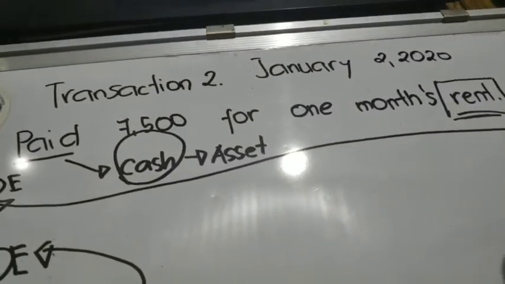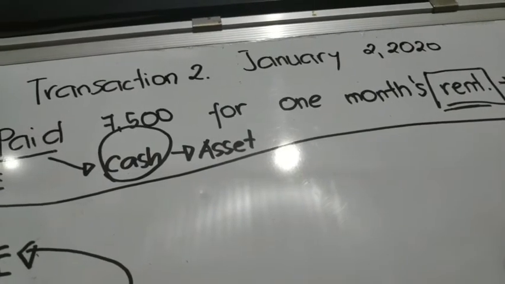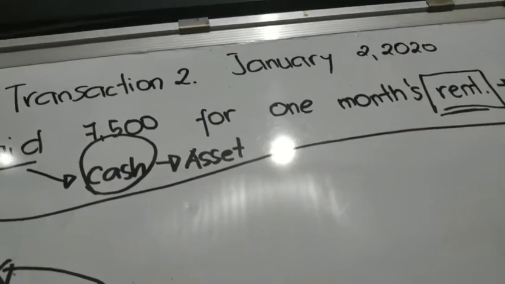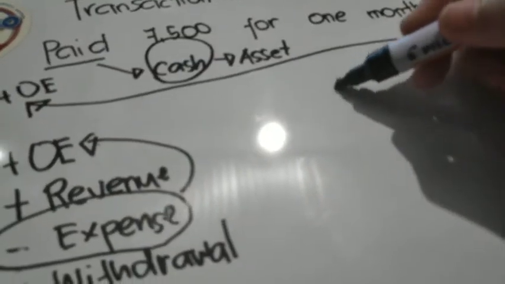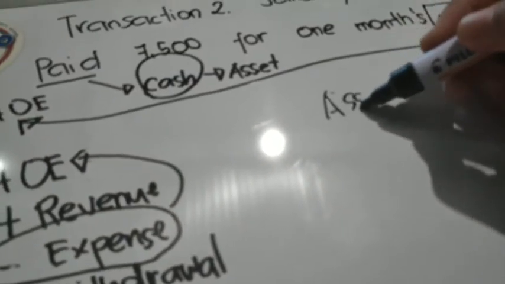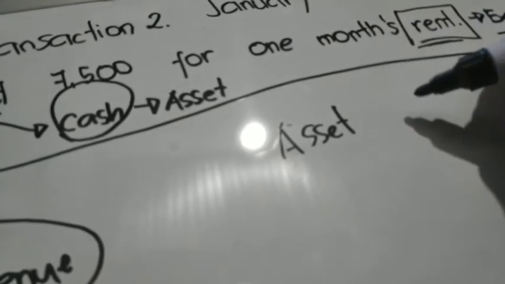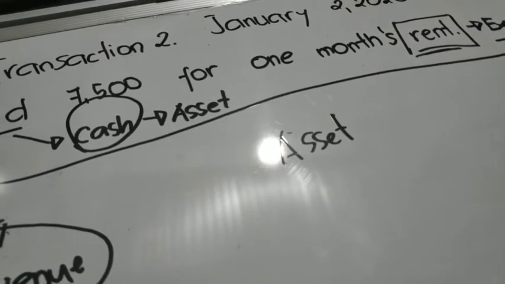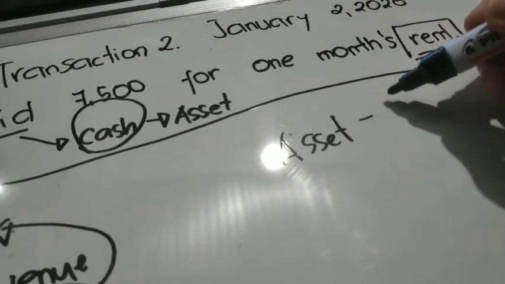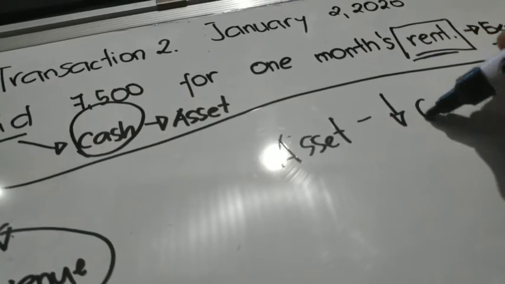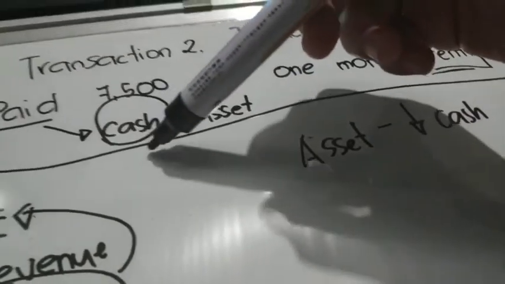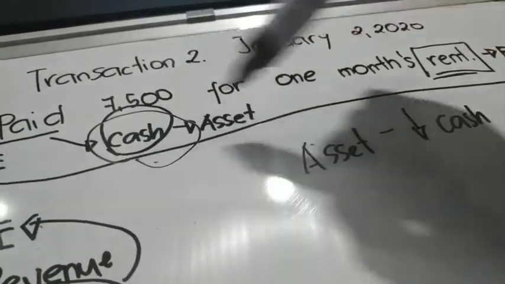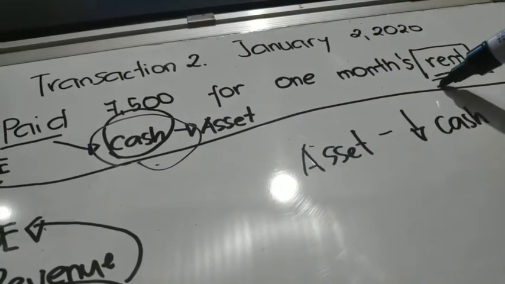Paid 7,500 for 1 month's rent. For the asset, this transaction is classified as a decrease in cash. Why? Remember, you released money to pay your monthly rental.